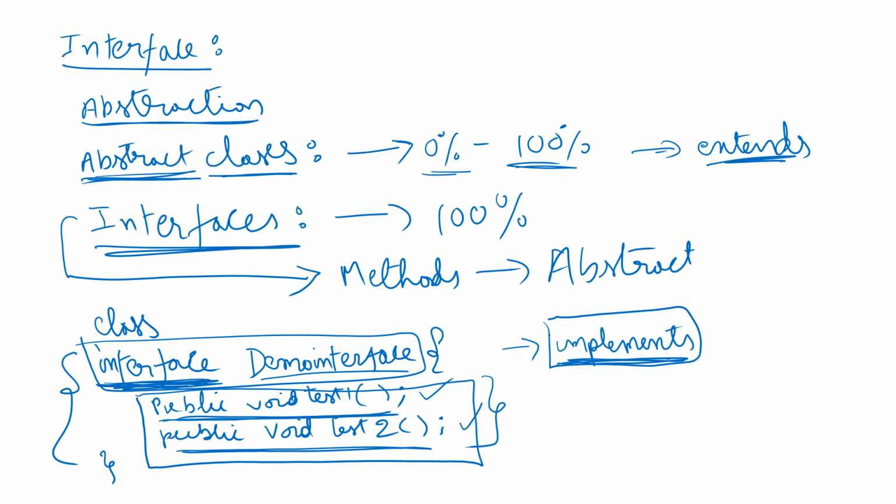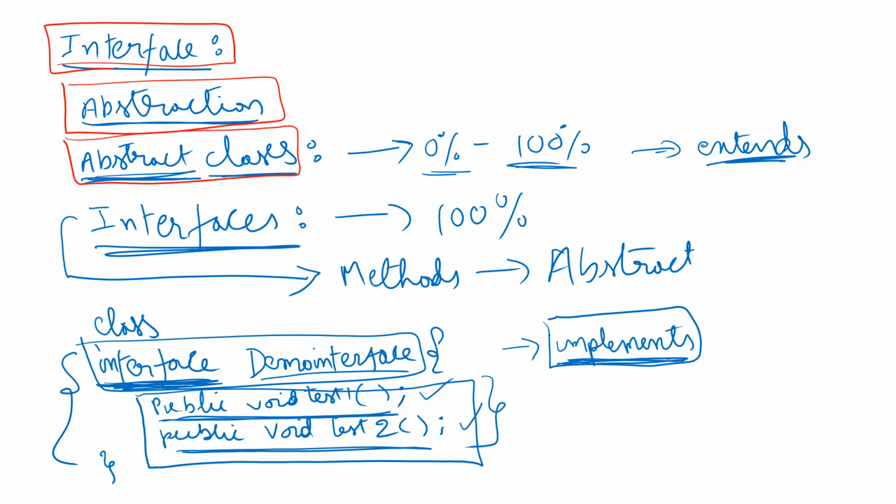Let's see this one more time. So what is an interface in Java? We have seen what is abstraction in the previous videos. Abstraction is hiding the implementation details but providing useful functionality to the users. And we can achieve abstraction using abstract classes, but using abstract classes we may not be able to achieve 100% abstraction, because abstract classes can contain concrete methods in addition to the abstract methods.